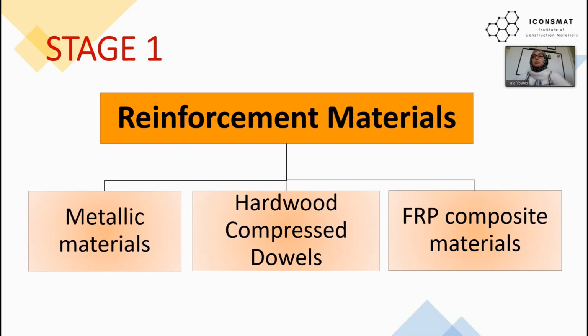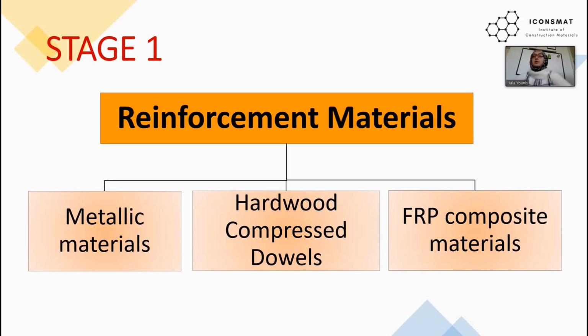further investigation was conducted, and I found that there is another material used as a reinforcement material, which is fiber reinforcement polymer composite materials. This material has shown a significant strength improvement to timber members.